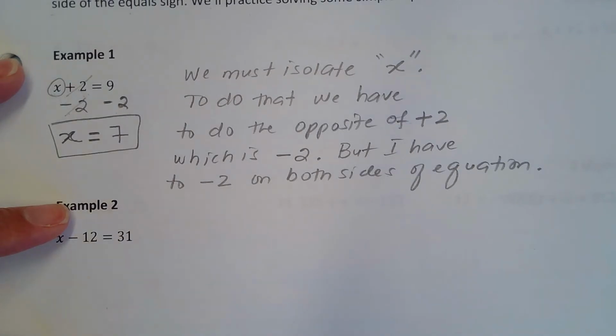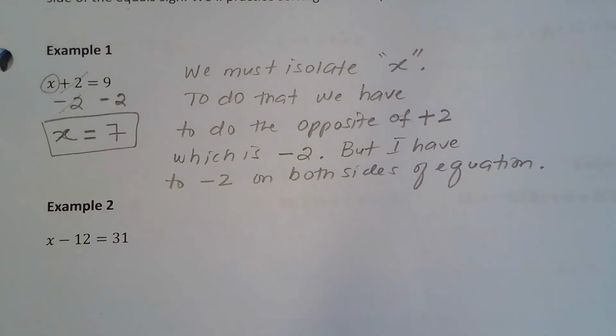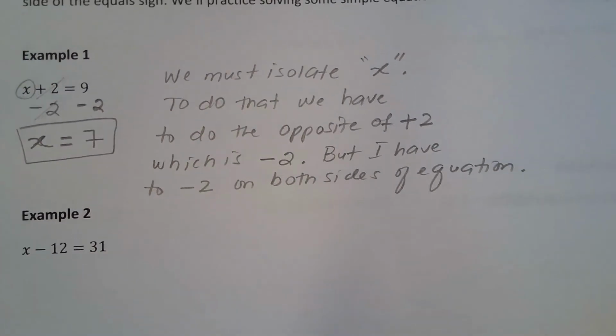Okay? So that's the first part. We must isolate it. To do that, we do the opposite operation, and we have to do it on both sides. Good?